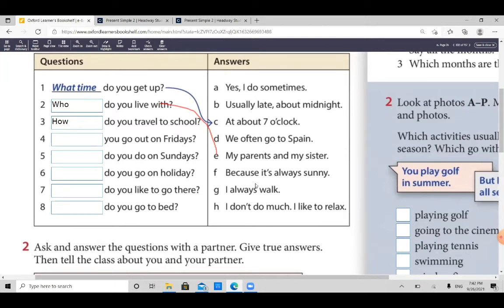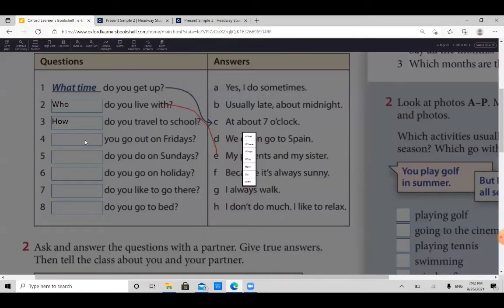Okay, who would like to do the next? Suha. Where do you go out on Sunday? Suha, it is not a WH question, it's a yes/no question, because you have one space only.